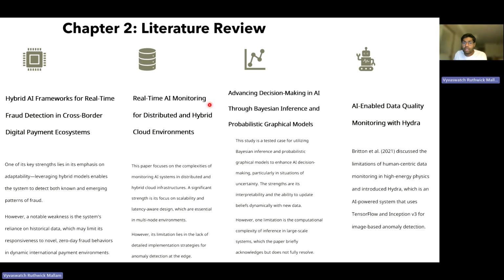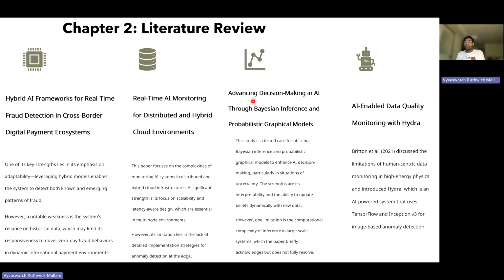And next is advanced decision making in AI through Bayesian inference and probabilistic graphical methods. So this can be used in my algorithms as well, because I was thinking of using the Bayesian inference method in my particular project.